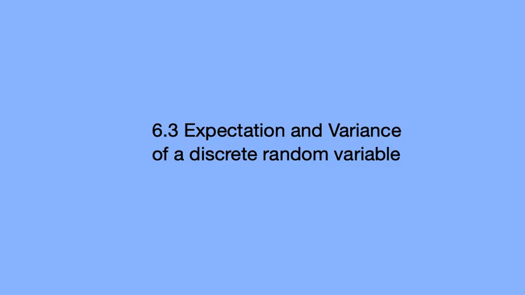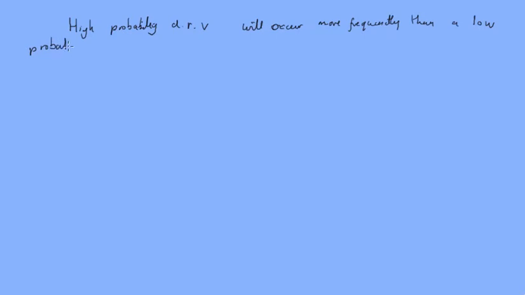Values of discrete random variables: if you've got a high probability, let's call it discrete random variable, will occur more frequently than a low, oops, that's meant to say low, probability discrete random variable. And that's just common sense.